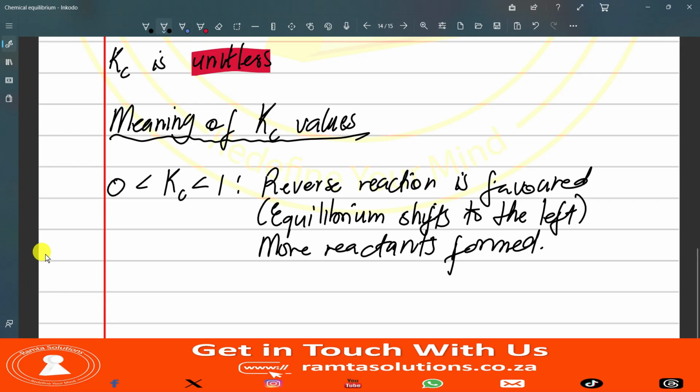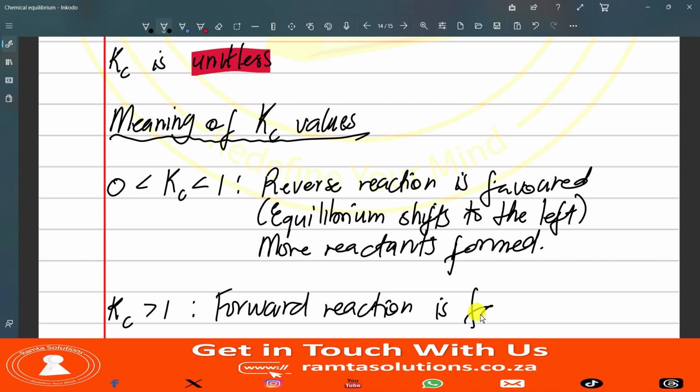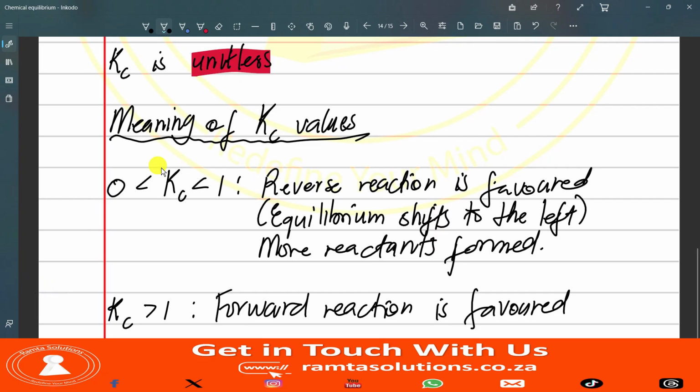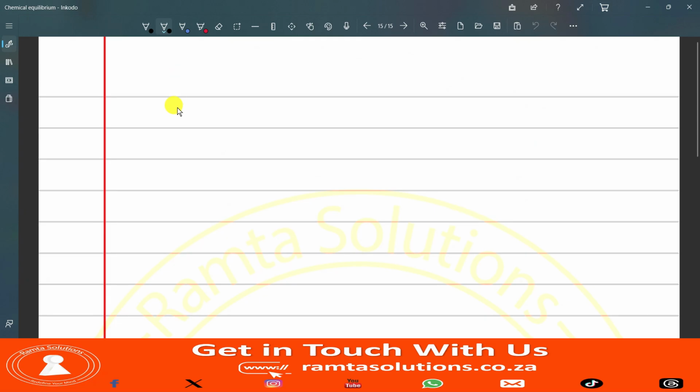Then another situation is when Kc is greater than 1. With this one, the forward reaction is favored. Now what does it mean for us if the forward reaction is favored?